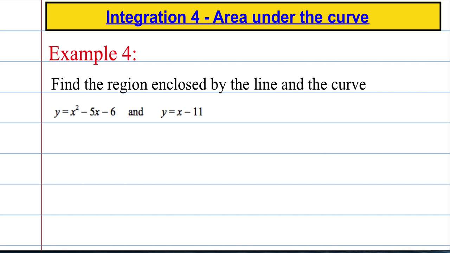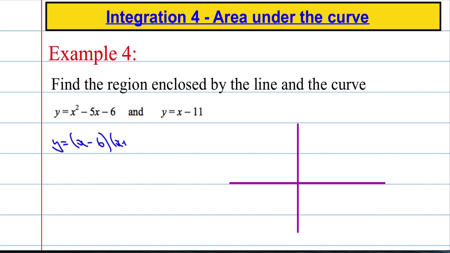Okay, similar question here. You might want to try this and find the region enclosed by the line and the curve. So what always helps here is a quick sketch. Now what's this going to look like? I'm going to factorize it. X minus 6 and x plus 1.